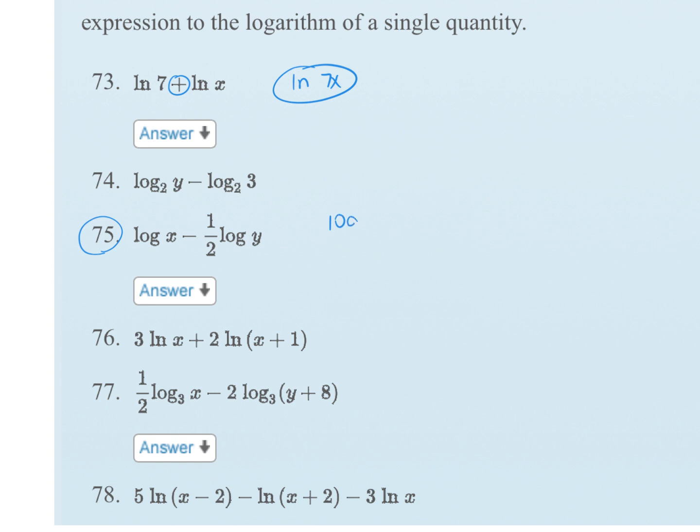That's going to be log of x minus log of y to the 1/2 power, which really I know is log of the square root of y. And now I'm ready to do the actual subtraction part, which is x over the square root of y. Because remember, when you see subtraction, ultimately a subtraction problem is a division in this type of situation.